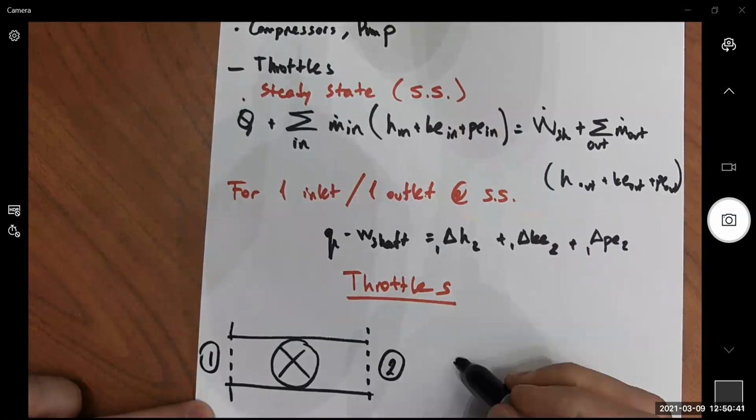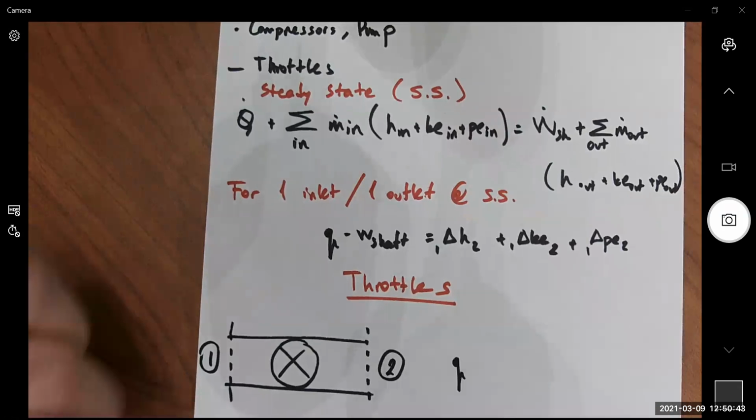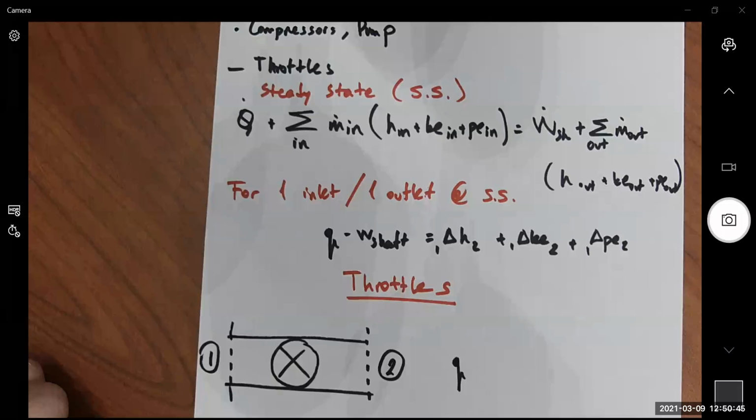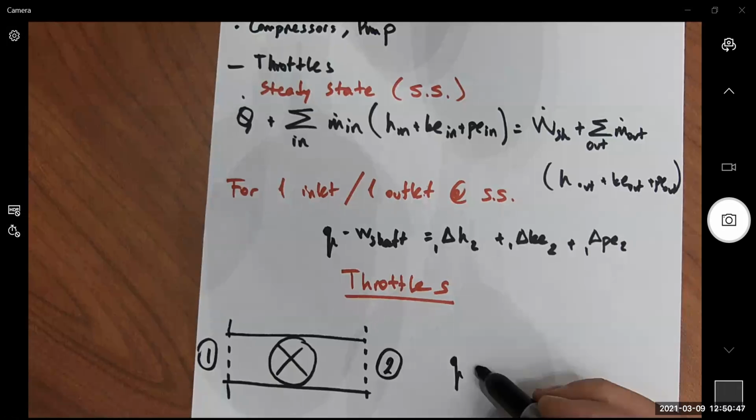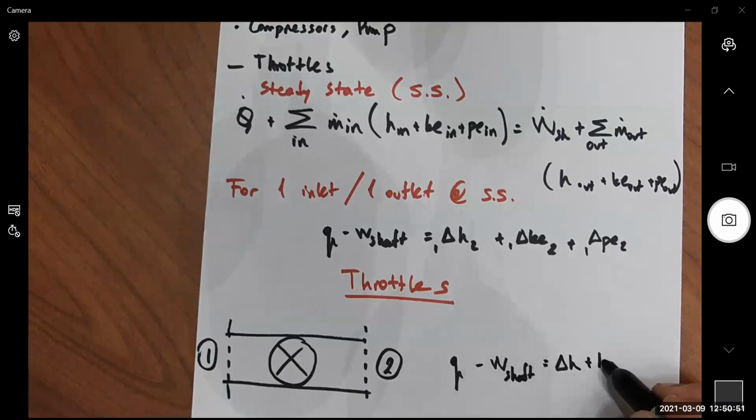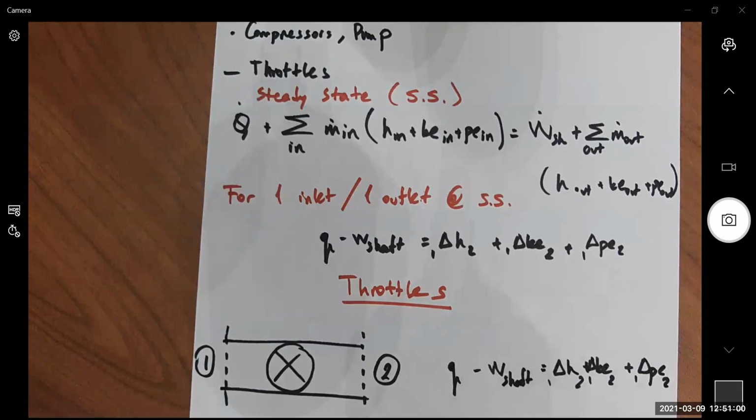That's why our simplified equation for one inlet, one outlet for steady state, Q minus work done is delta H plus kinetic energy plus potential energy from 1 to 2.